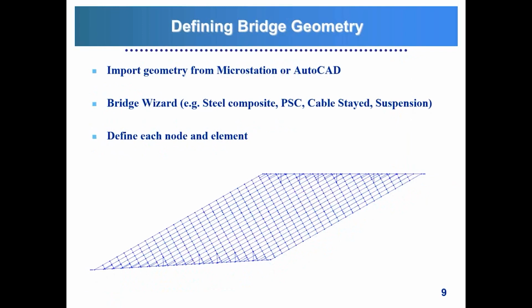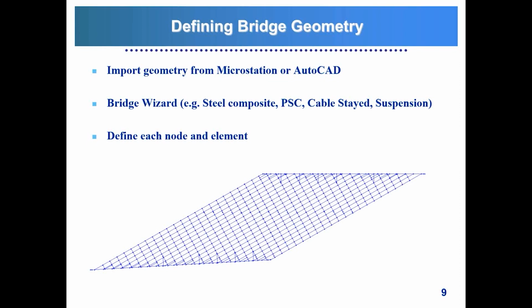In terms of defining the geometry of the bridge, MIDAS provides different options. Probably the most convenient for cases like ours, where you have a complex structure or a complex geometry, is the option of importing your geometry from a MicroStation or AutoCAD file.